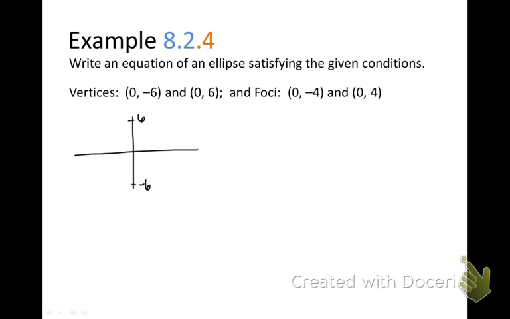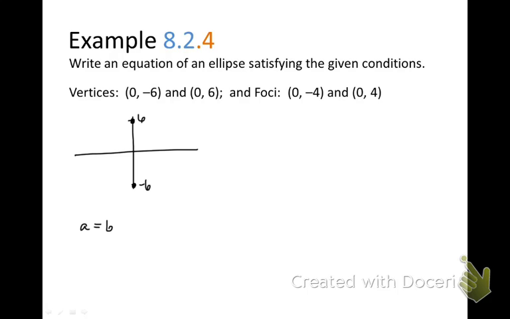So based on where those points are, is this a vertical or a horizontal ellipse? Vertical, because my vertices are vertical. Okay, can you tell me what your A value is already then? What is it?